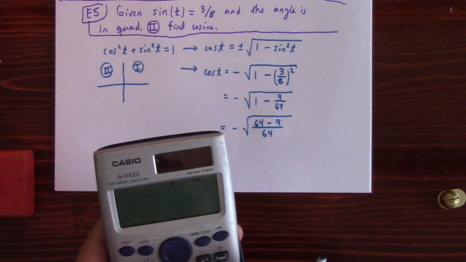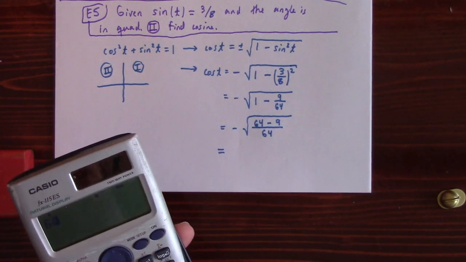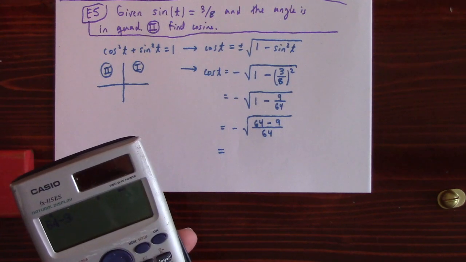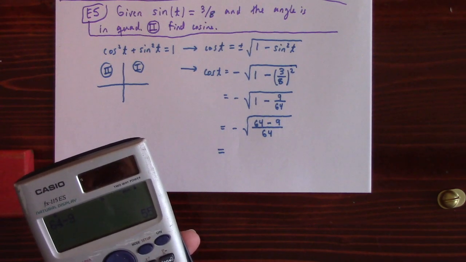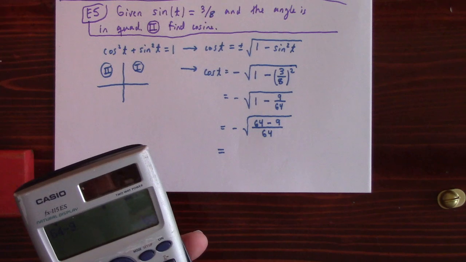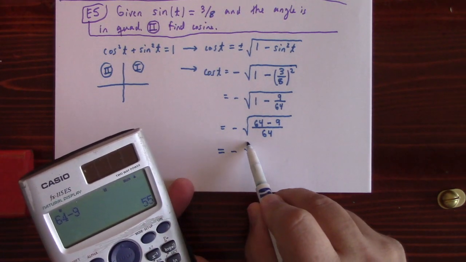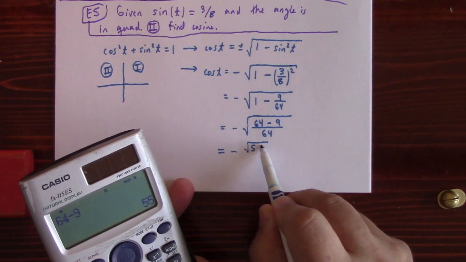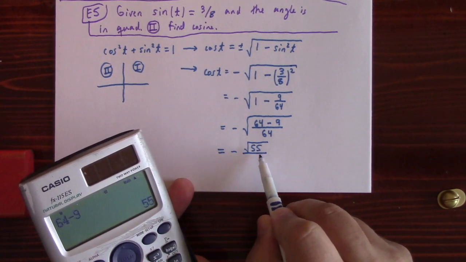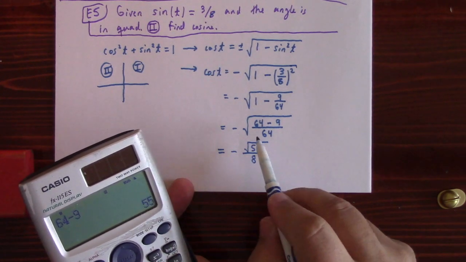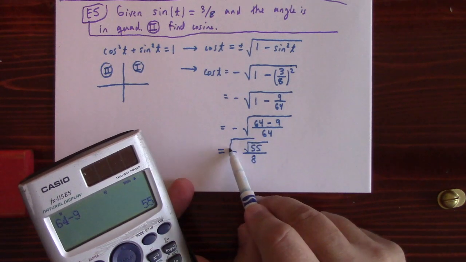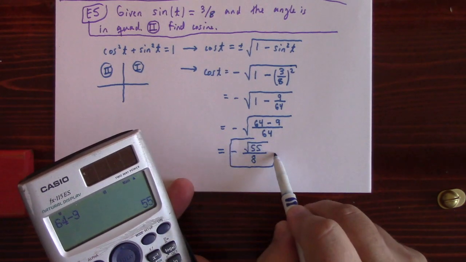I don't trust myself doing anything at the moment. 64 minus 9. 55. So we get minus the square root of 55. Square root of 64, of course, is 8. And so there's the exact result right there.